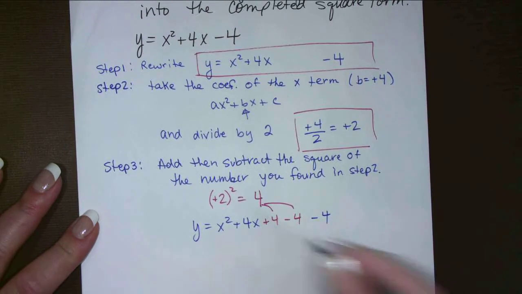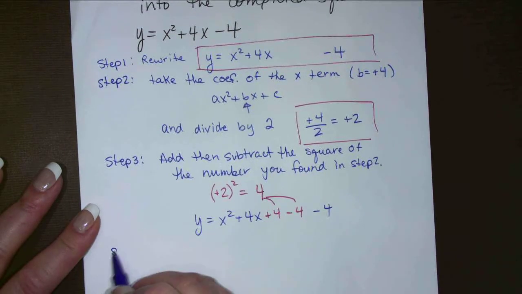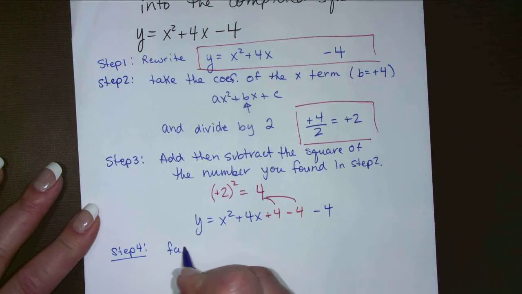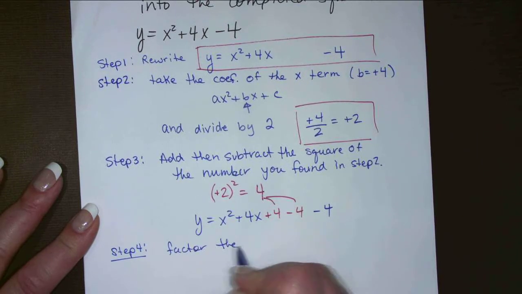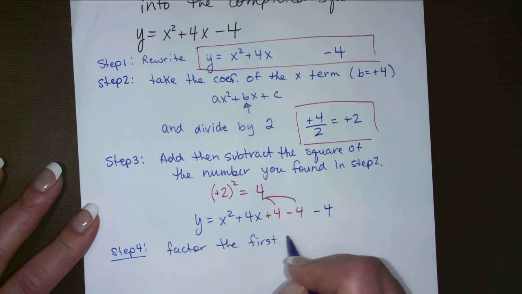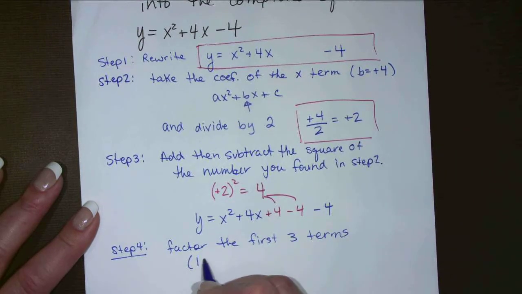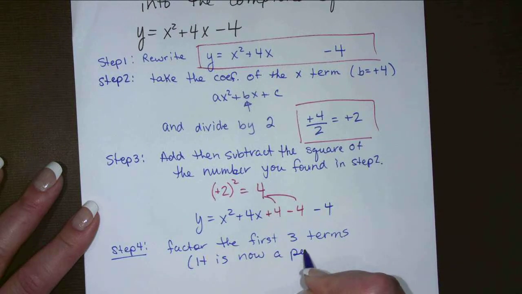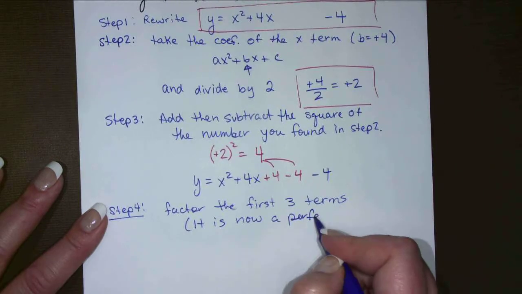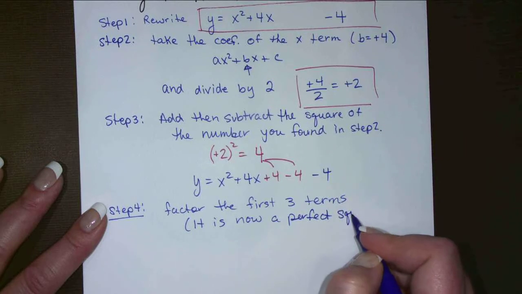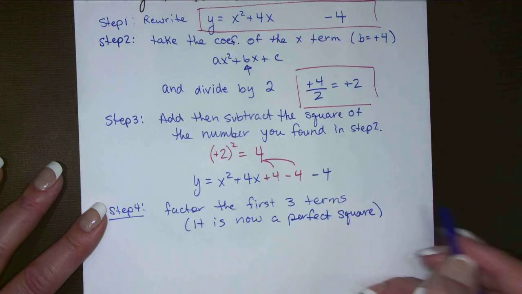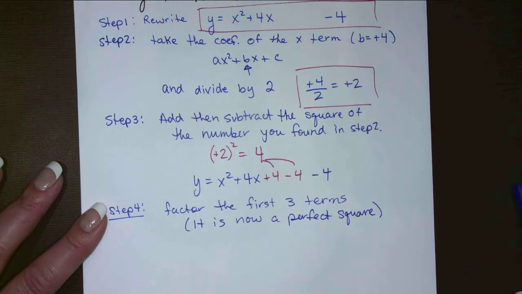Step 4 is to factor the first 3 terms. It is now a perfect square. Do you remember what a perfect square is? Oh, you'll see in a minute if you forget.